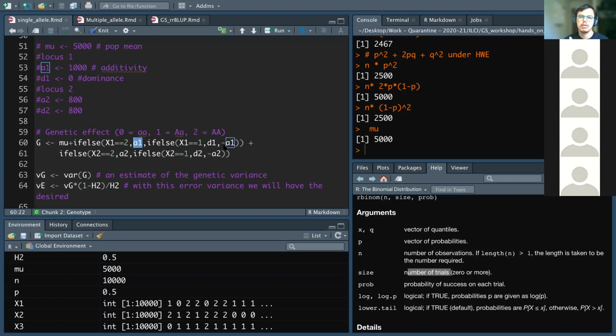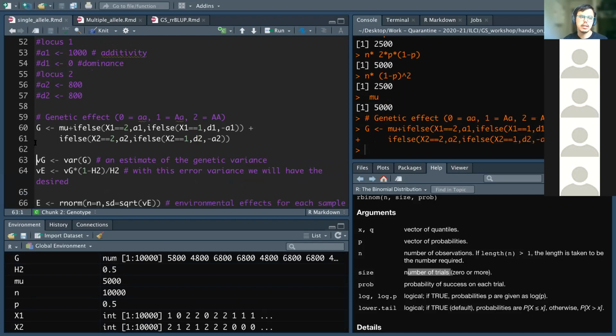If there is no dominance deviation, it's because the heterozygote is right at the midpoint between the homozygotes. And we can do exactly the same with the second allele. The only difference is that the dominance deviation in the second locus is equal to 800, because there is complete dominance for that locus.